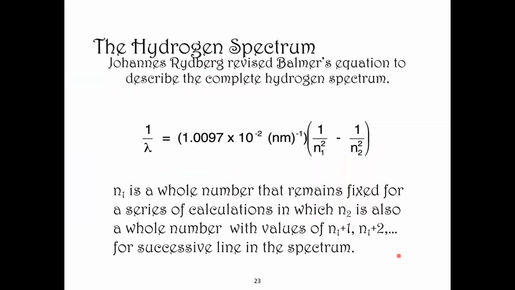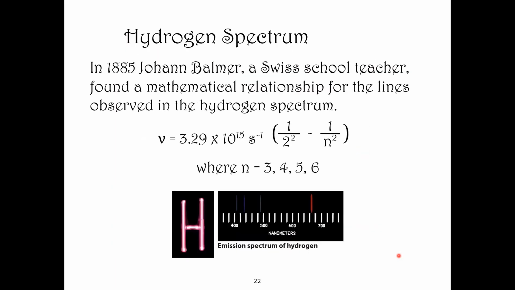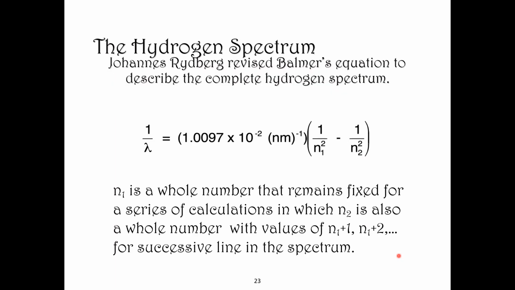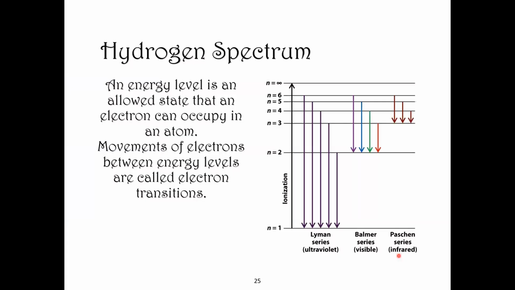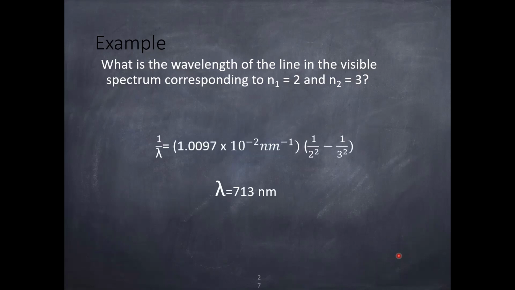If we go back and look at our equation, n1 is the energy level that the electron is moving to, and n2 is the one it's starting at. So when we plug that in, we have 1 over 2 squared minus 1 over 3 squared as our variable piece, because this is just going to be a constant.